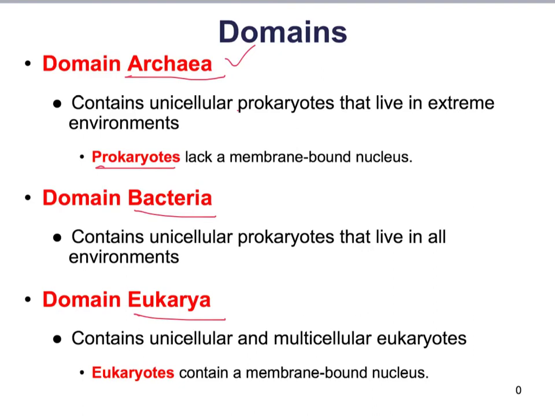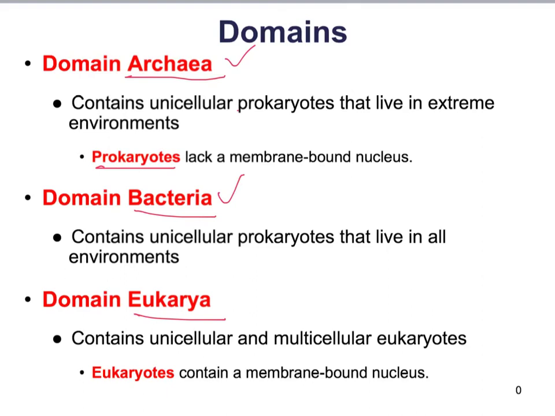or eukarya. So now looking at the bacteria, this also consists of unicellular prokaryotes, and these bacteria live in all environments. And we're actually covered with bacteria on our skin, in our body. Our bodies are actually composed of more bacterial cells than they are eukaryotic cells.